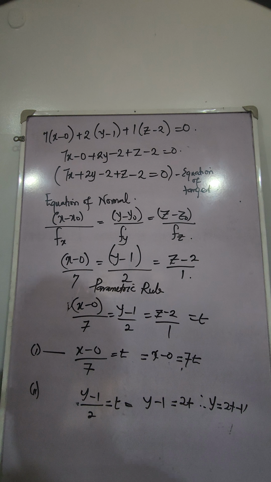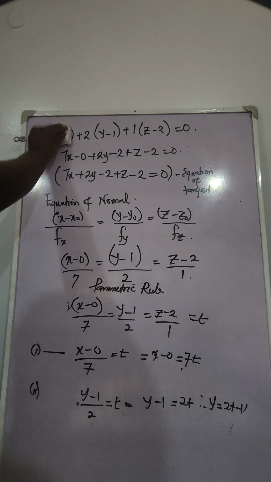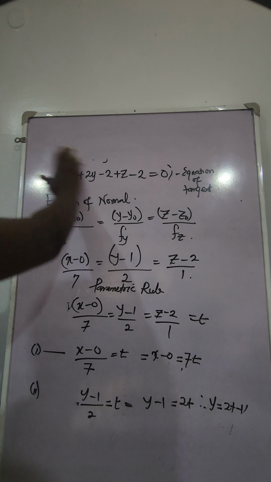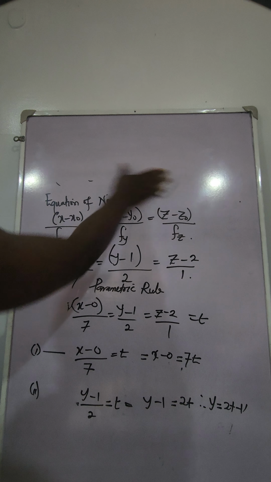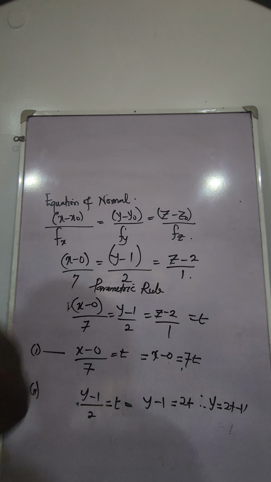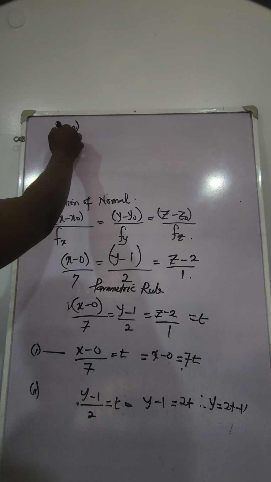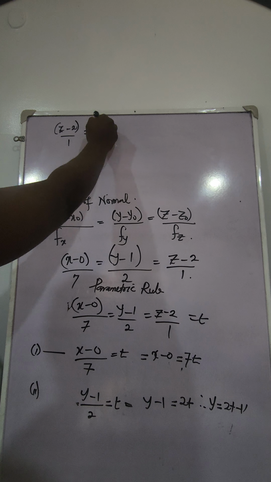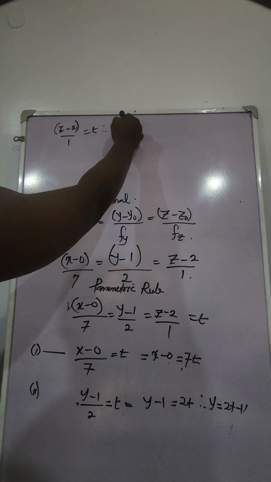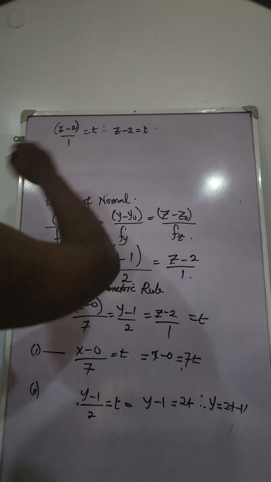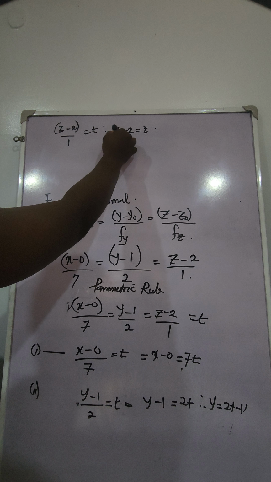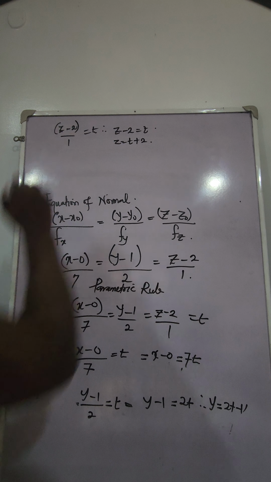And for equation 3, you can simply say that z minus 2 over 1 is equal to t, such that we have z minus 2 is equal to t. That means z is equal to t plus 2.